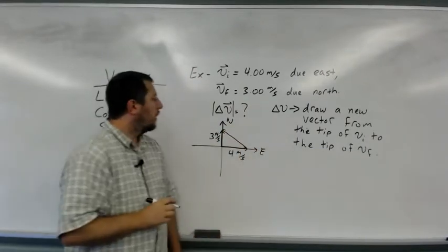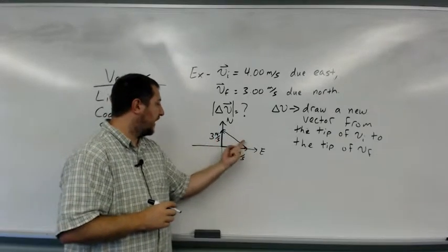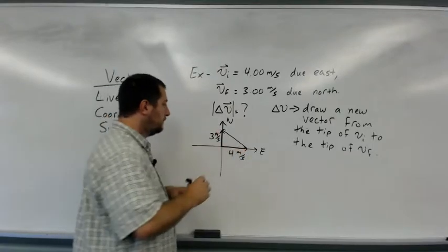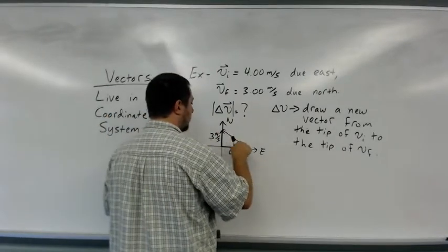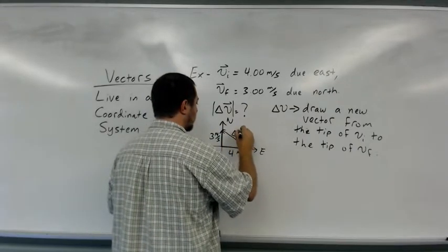Right? Okay, and this new vector, once I displace VF to the origin, and I draw a new vector, then the resulting new vector that I get is going to be delta V.